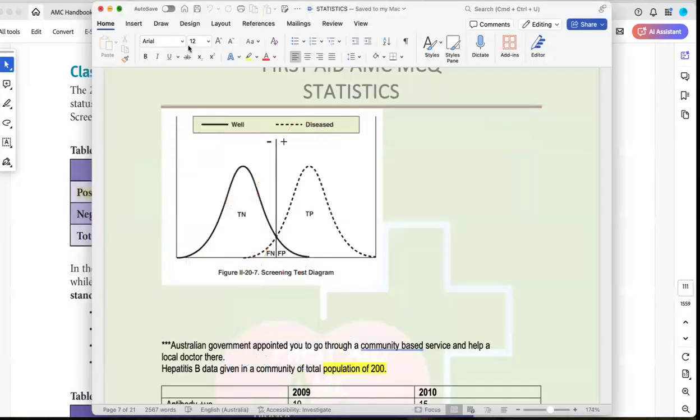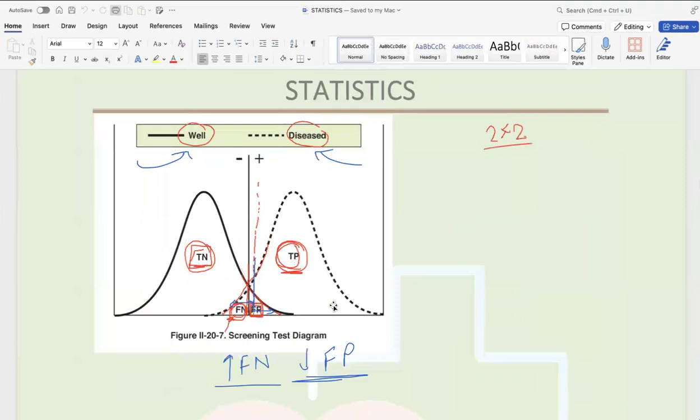I'll make it easier. Sensitivity means the test is able to say, yes, you are truly positive, and the patient has the disease.